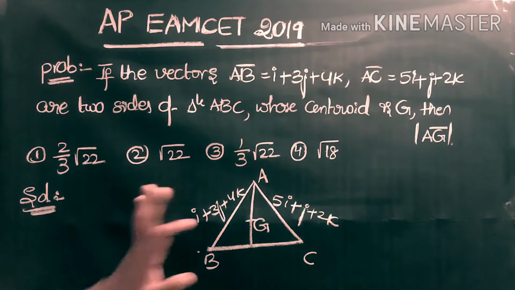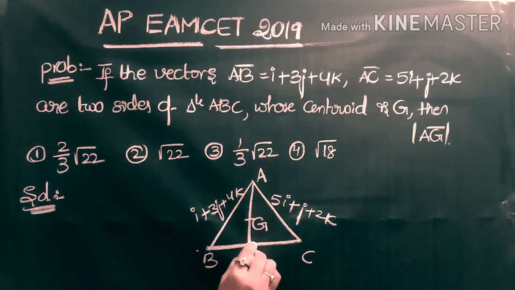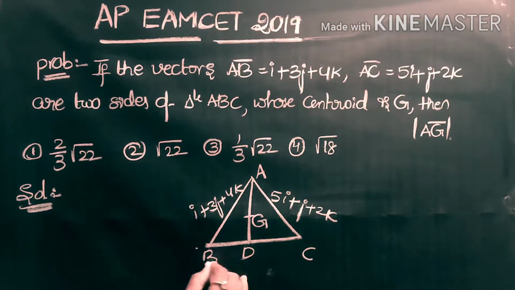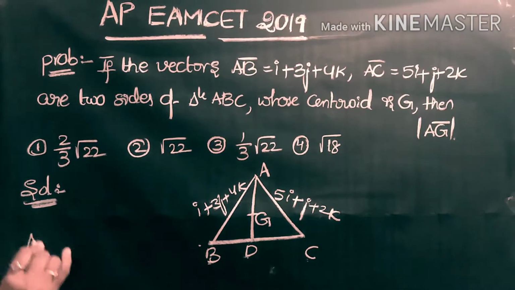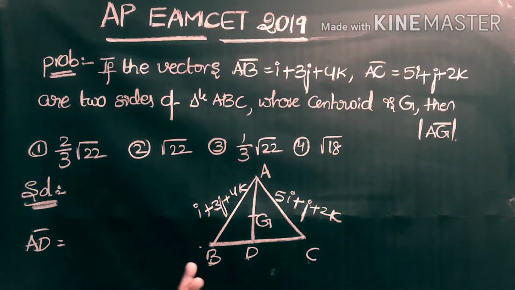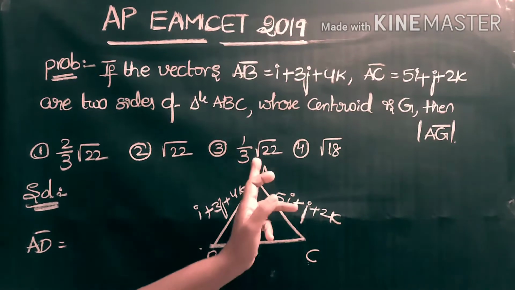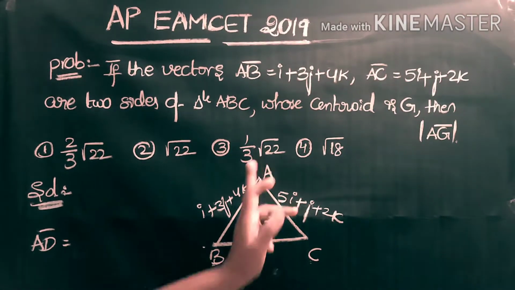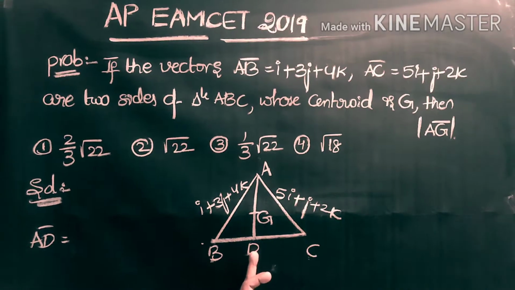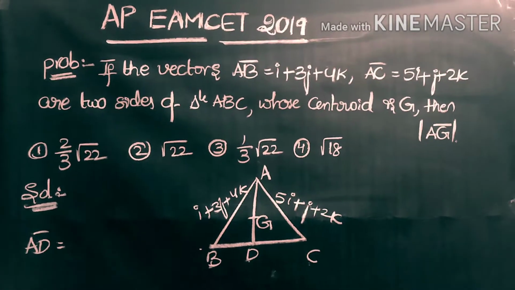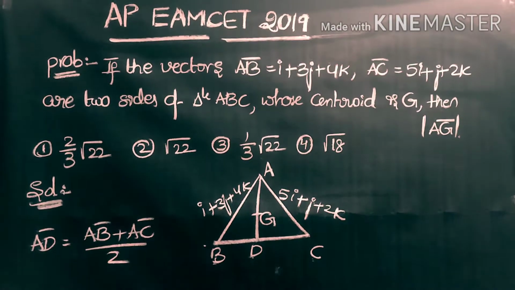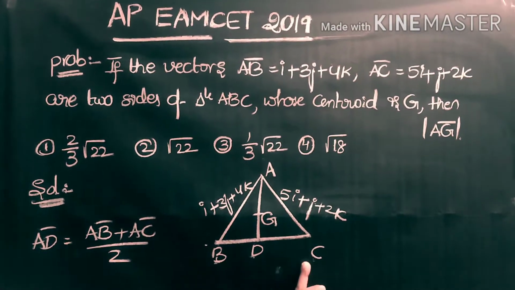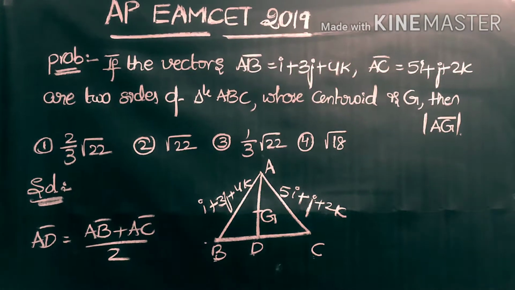So first, this is the median, and clearly the point D is the midpoint of B, C. Therefore AD, where the position vector of B is AB and the position vector of C is AC. Since D is the midpoint of BC, AD is equal to (AB + AC) by 2.